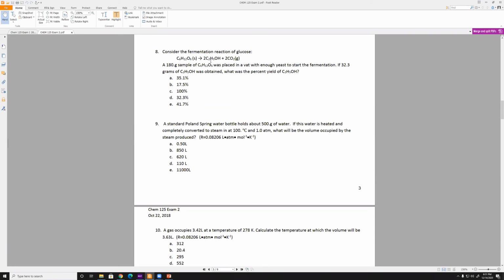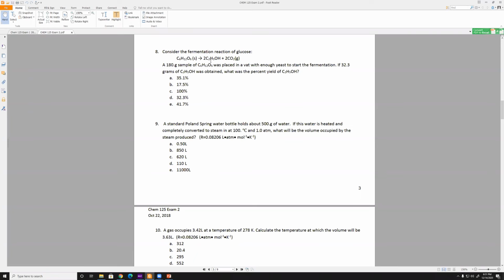The molar mass of C2H5OH is 24 plus 6 plus 12, plus 16. That's 46 times 2, which is 62. So we know the intended molar mass is 62.